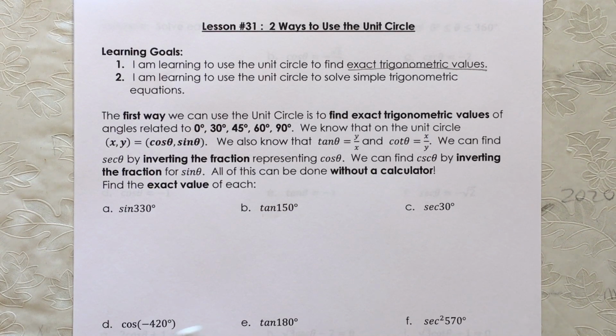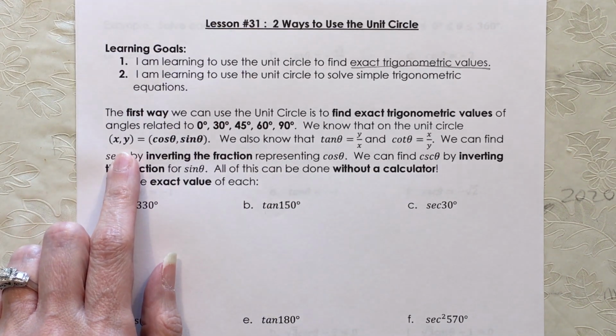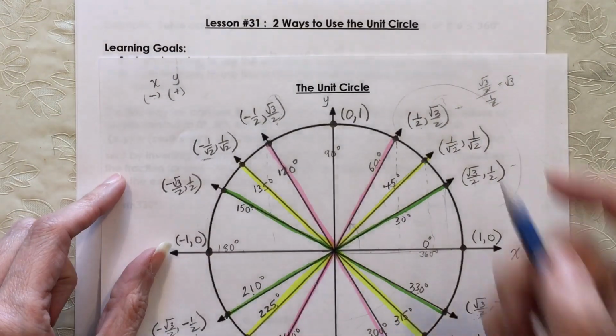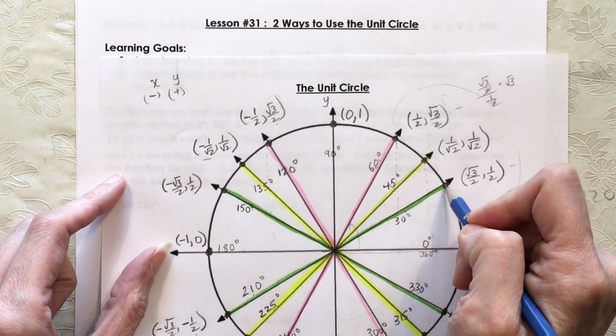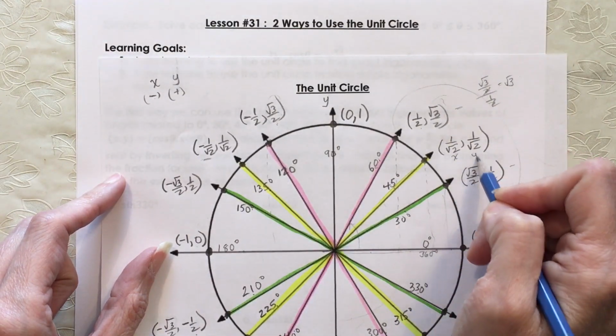So what we went over the last time, the first way we can use the unit circle is to find exact trig values of angles related to 0, 30, 45, 60, and 90. We know that on the unit circle, the ordered pair on the outside of the unit circle, so any one of these ordered pairs, has an x value and a y value.